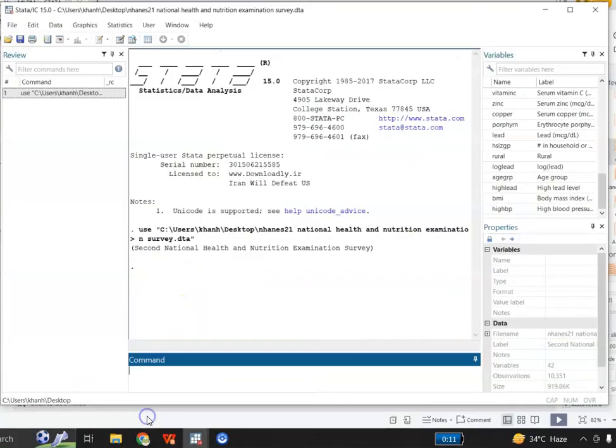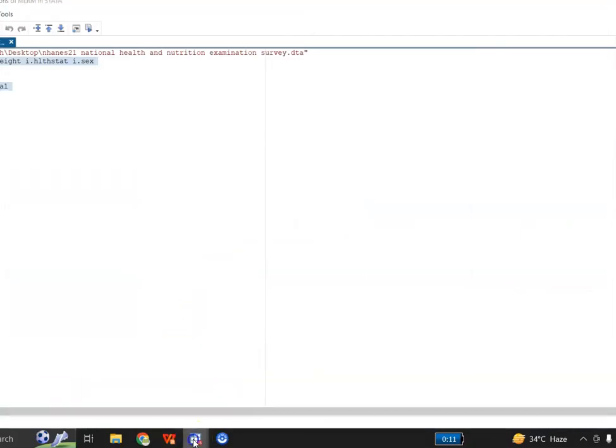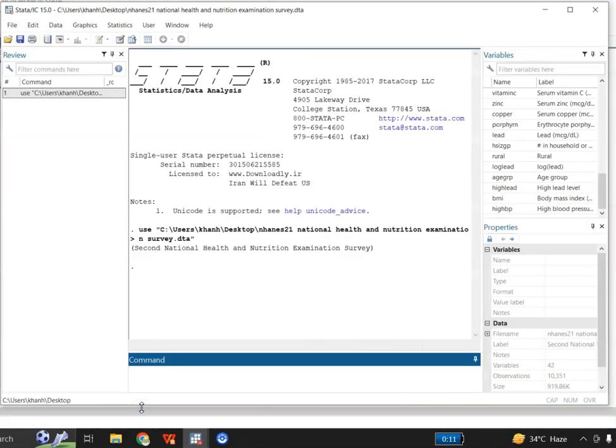So here is my data file. First of all, as I mentioned, I will regress systolic blood pressure on age and weight, which are two continuous independent variables.